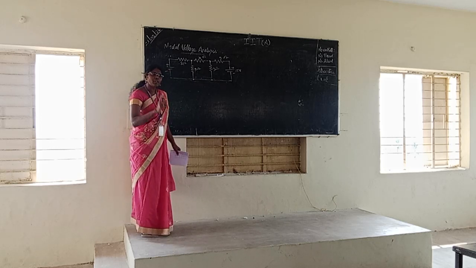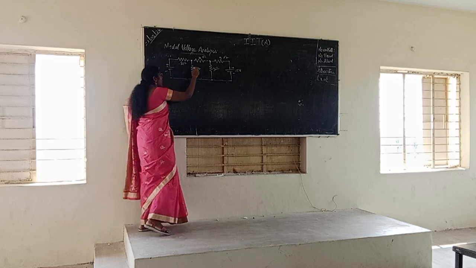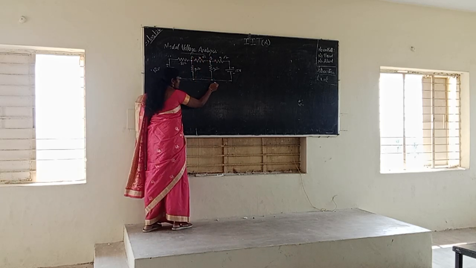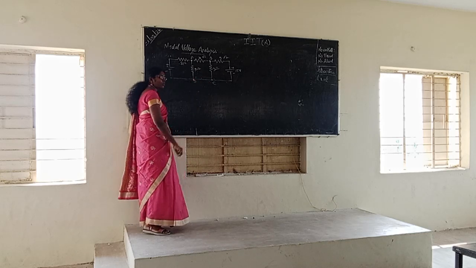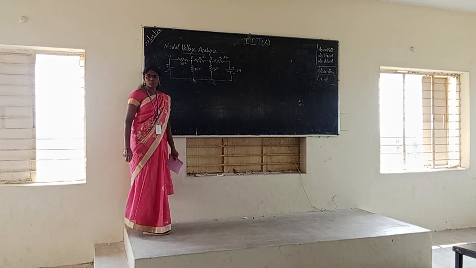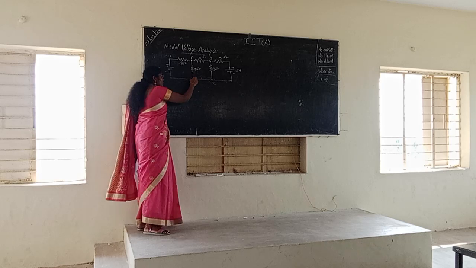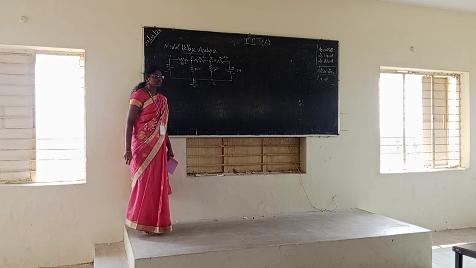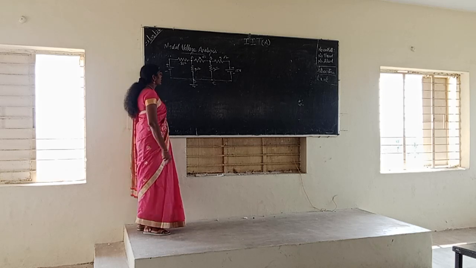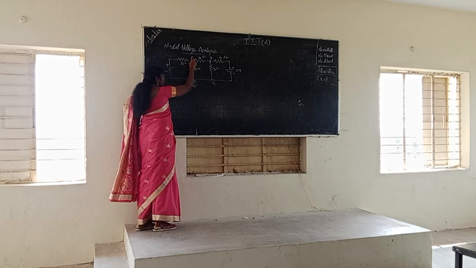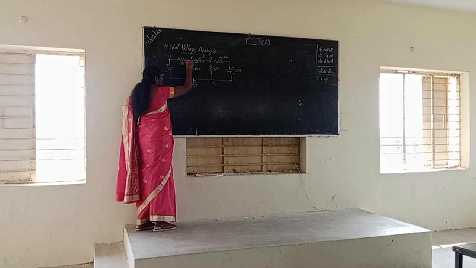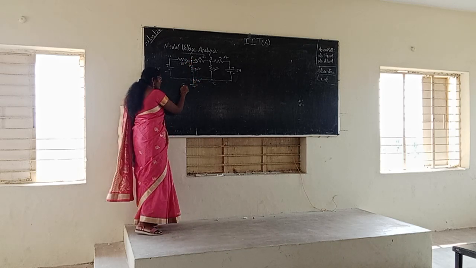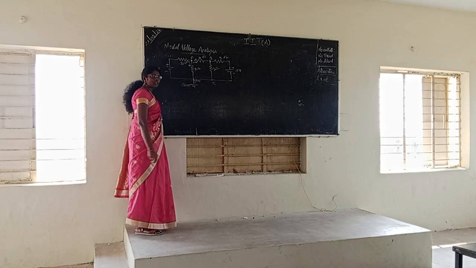So take the first node as the reference node. Just mark this as node A and this as node B, and this is C, and this is D. If the elements are equal on both nodes, just mark the first node as the reference node. Clear up to this? Next, for the reference node, the current is leaving away since it is 0 volts, since it is grounded. Clear up to this?